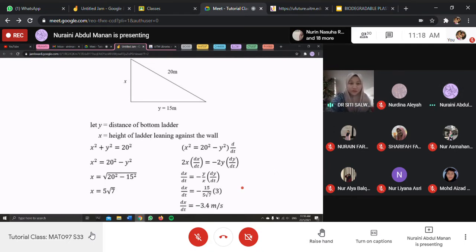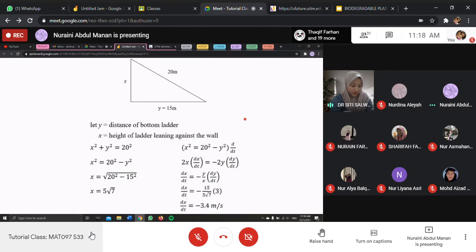Okay, so kat sini as you punya ladder tu kita sandarkan pada dinding, dia leaning against the vertical wall kan. Okay. You punya panjang ladder ni is you punya hypotenuse, right? Okay, so punya konsep ni lah theorem Pythagoras you ada x square plus y square equal to ini 20 square.